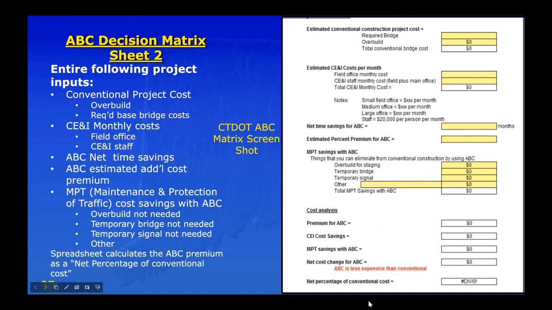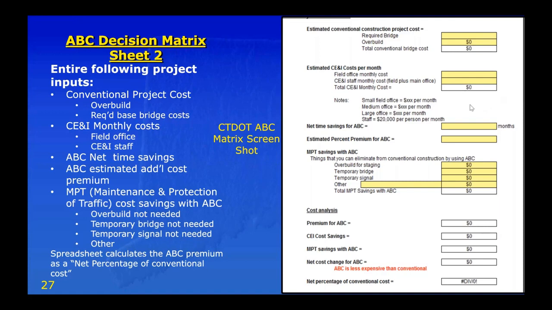Sheet 2 is, we said, the cost evaluation sheet. We're looking at conventional cost versus ABC cost, putting premiums in here for accelerated bridge construction and recognizing the overhead costs with CE&I and office monthly costs in this cell here.